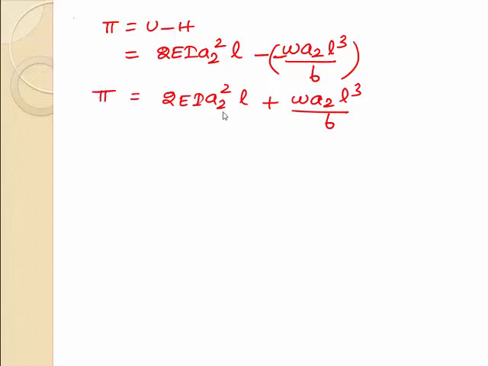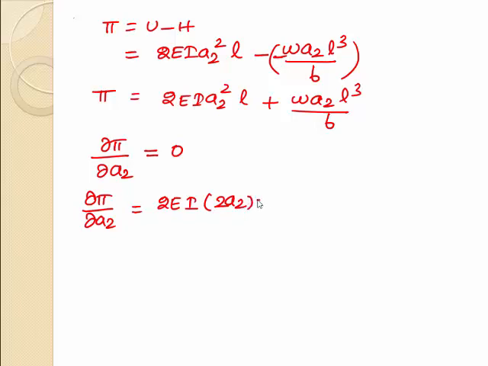So to find the value of a2, now we can apply the principle of minimum potential energy, that is dou pi by dou a2 will be 0 for the equilibrium condition. Okay, so dou pi by dou a2 will be 2EI a2 square, 2a2 into L plus W into the differentiation for a2 as 1, L cube by 6, is equal to 0.